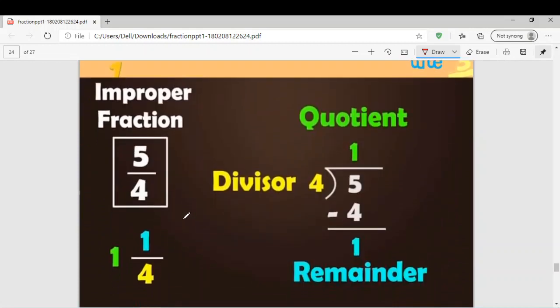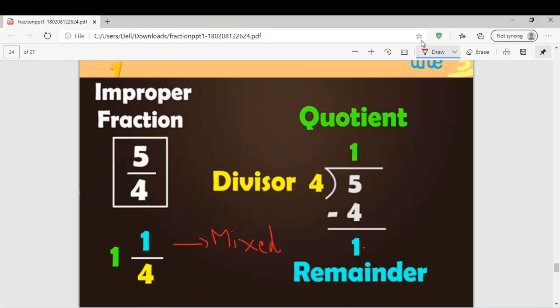Here is an improper fraction, how to divide 5 upon 4. So here 4 ones are 4 and then 1 is the remainder. So how to write it in the form of a mixed fraction? First, the mixed fraction is 1 and 1 upon 4.